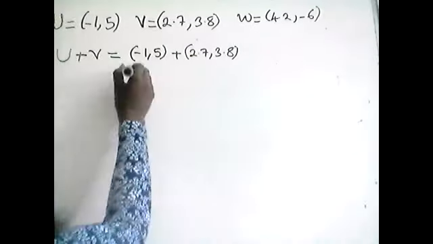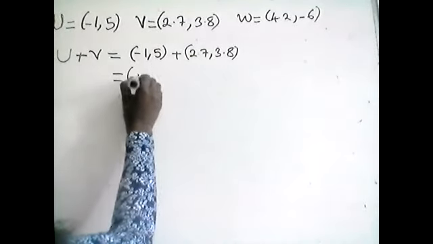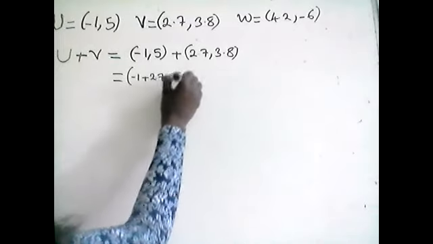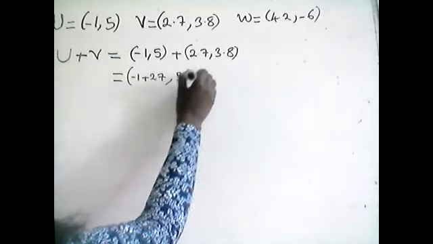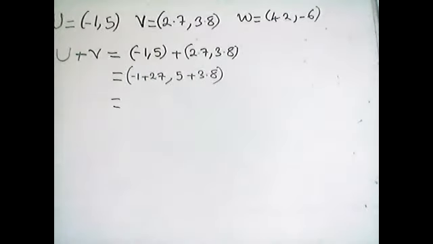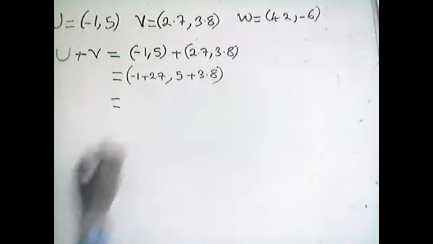So we're going to add -1 plus 2.7, 5 plus 3.8. So -1 plus 2.7, the answer is 1.7.